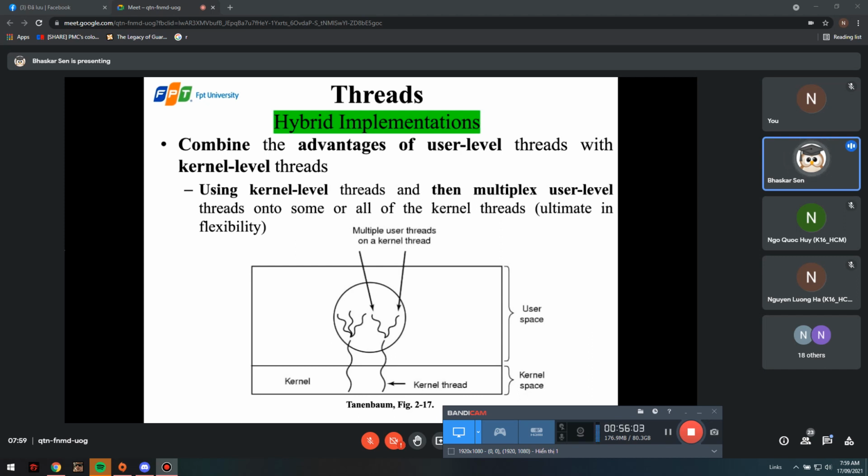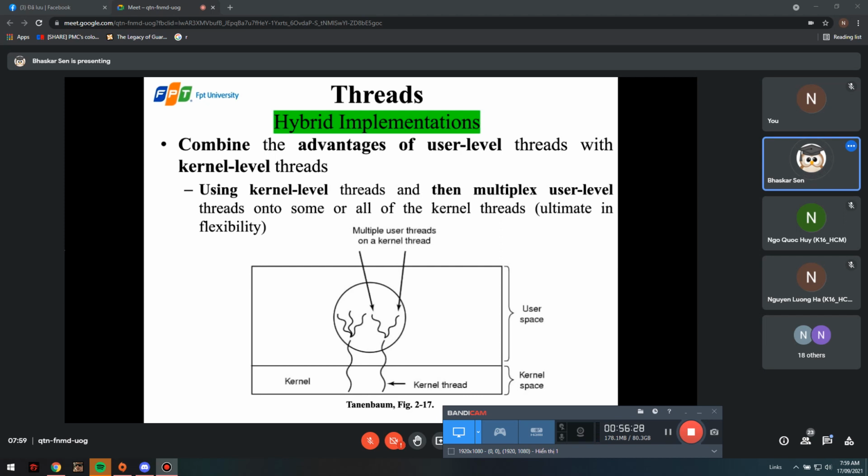I repeat, some basic information. We don't share the thread control block. We just share the who is who. I mean, how many threads are running, how many threads are open, and which one is currently working on CPU. So at least that much information the kernel needs in the hybrid mode.